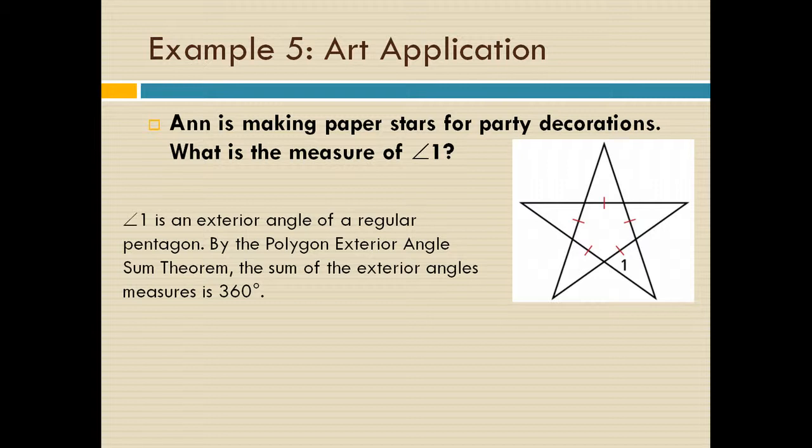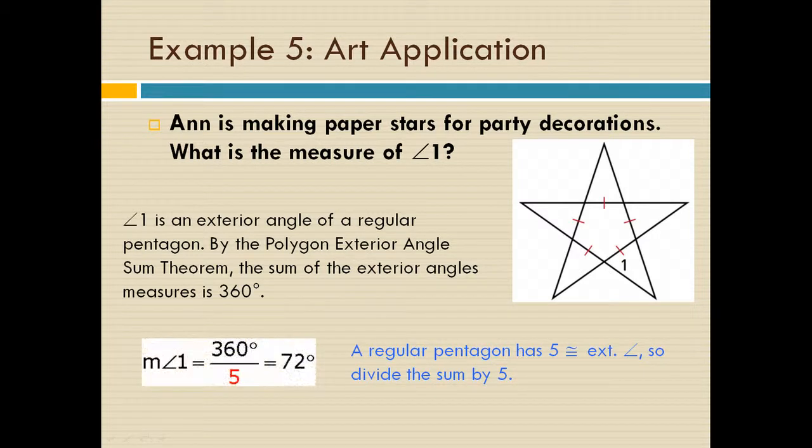By the polygon exterior angle sum theorem, the sum of the exterior angle measures is 360 degrees. The regular pentagon has 5 congruent exterior angles, so divide the sum by 5. 360 divided by 5 is 72 degrees.